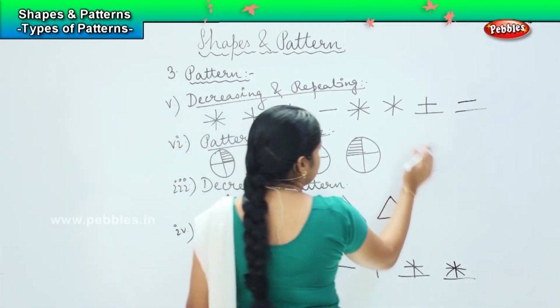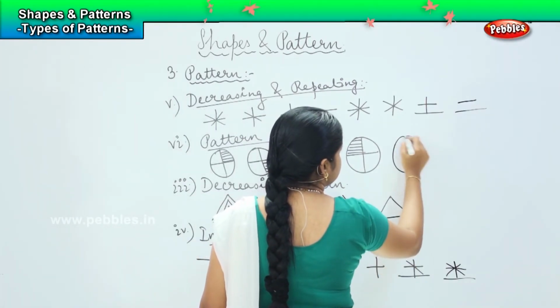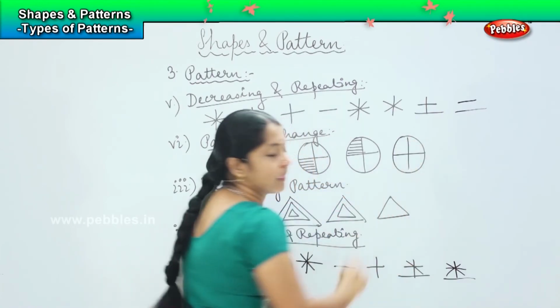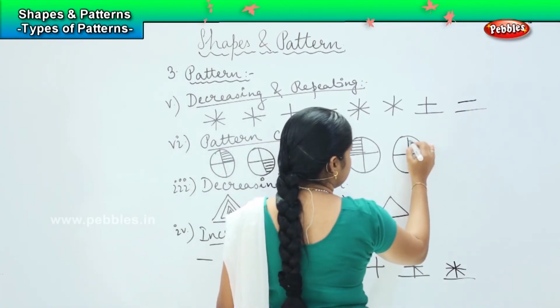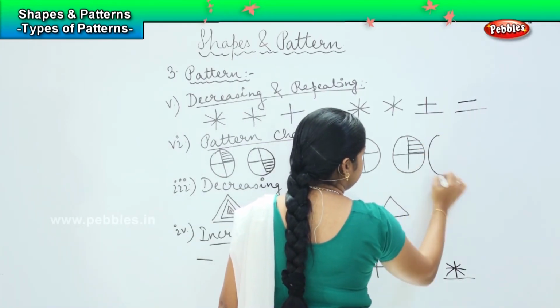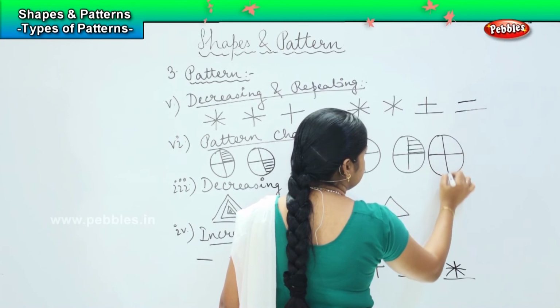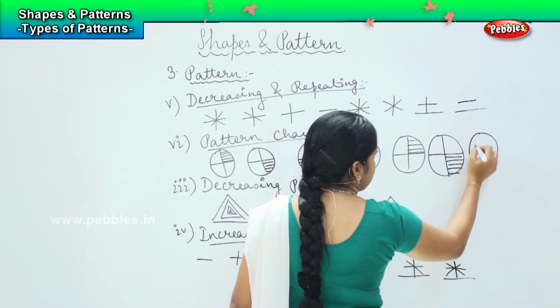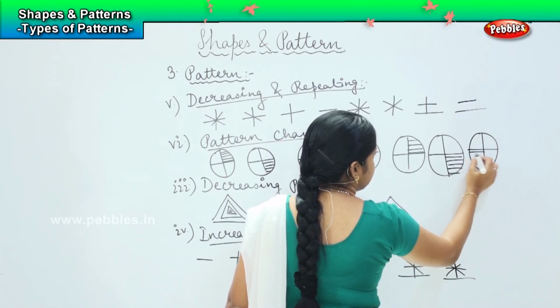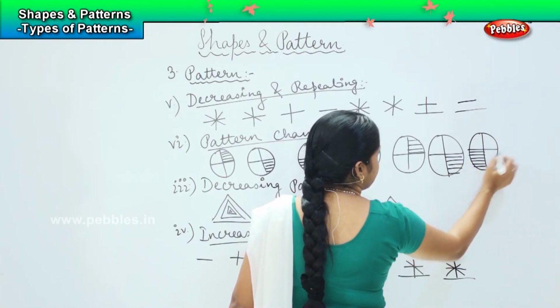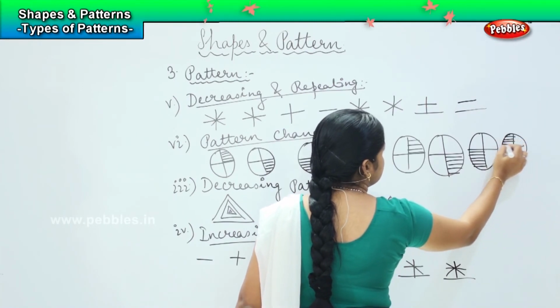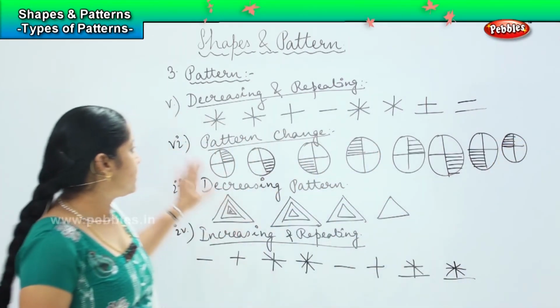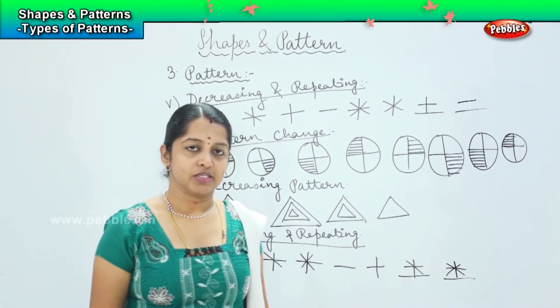So, again, what will be the fifth one then? Very good, it will be the first one again. So, we will shade here, the next one we will shade here, the next one we will shade here, and the last one we will shade towards the top. So, this is called the pattern change.